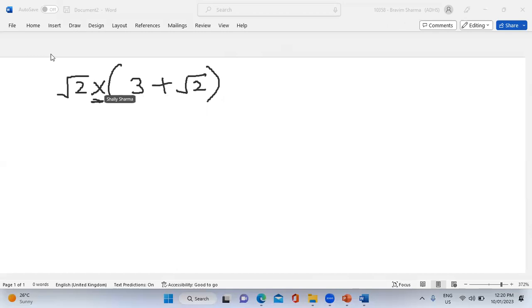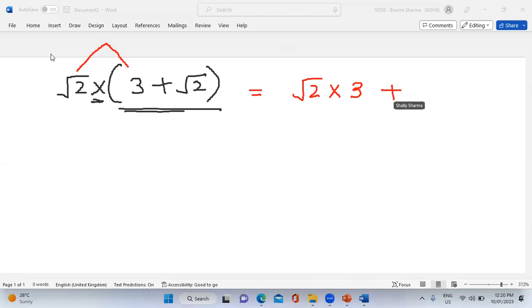And we know how to expand the single brackets. It will go this way. Square root 2 will be multiplied by 3, so that means it will be square root of 2 times 3. And then there is a plus, so plus, then square root of 2 will be multiplied by square root of 2. So square root 2 times square root 2.